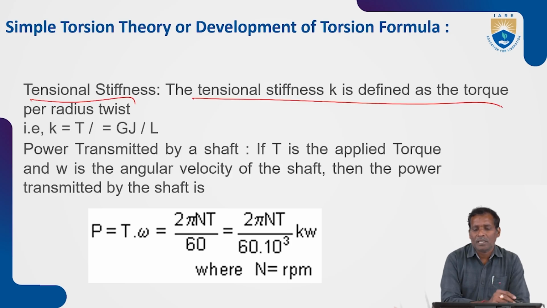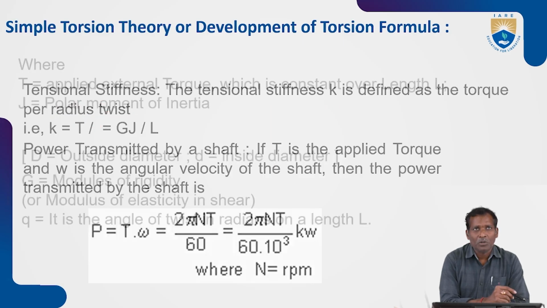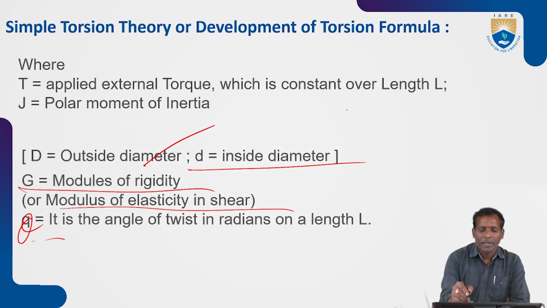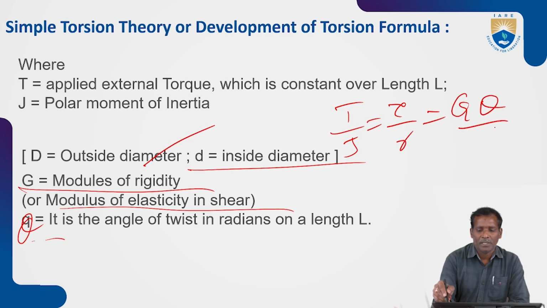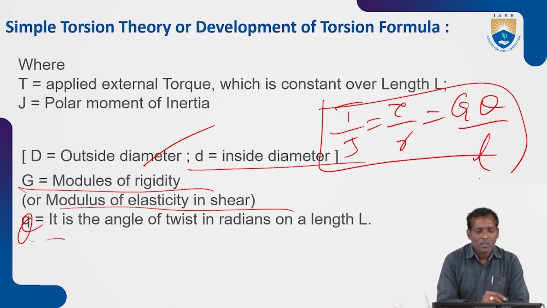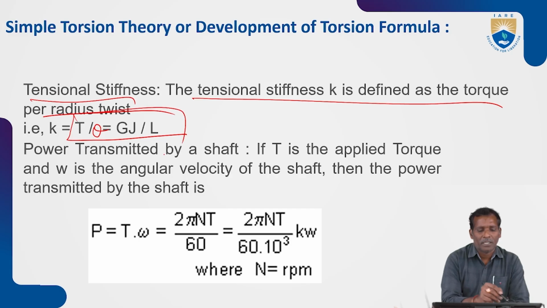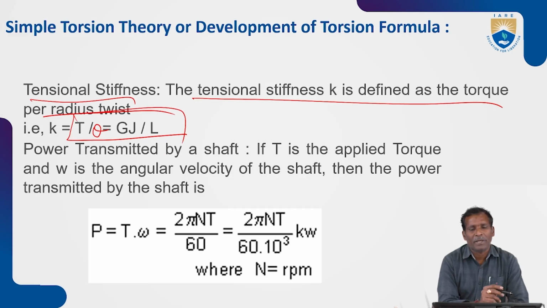The torsional stiffness K is defined as the torque per radian twist, that is T by theta is equal to GJ by L. We have already derived the torsion equation, T by J is equal to tau by r is equal to G theta by L. From this equation, you can calculate the torsional stiffness. The term T by theta is equal to GJ by L is called torsional stiffness.